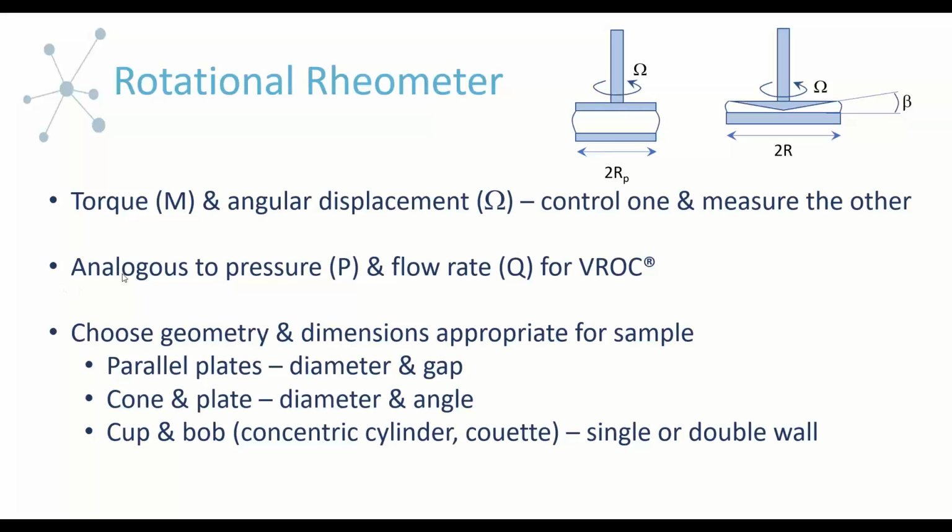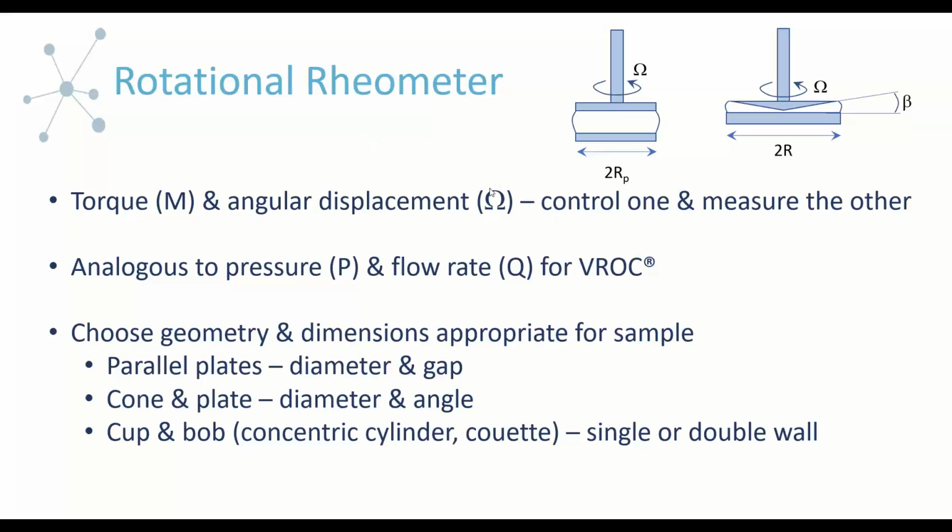So unlike our instrumentation where we control flow rate and then measure pressure to calculate shear rate and stress, because of the nature of this experiment, the analogous properties will be angular displacement, so the rotation angle and the rate of rotation, and then the torque.